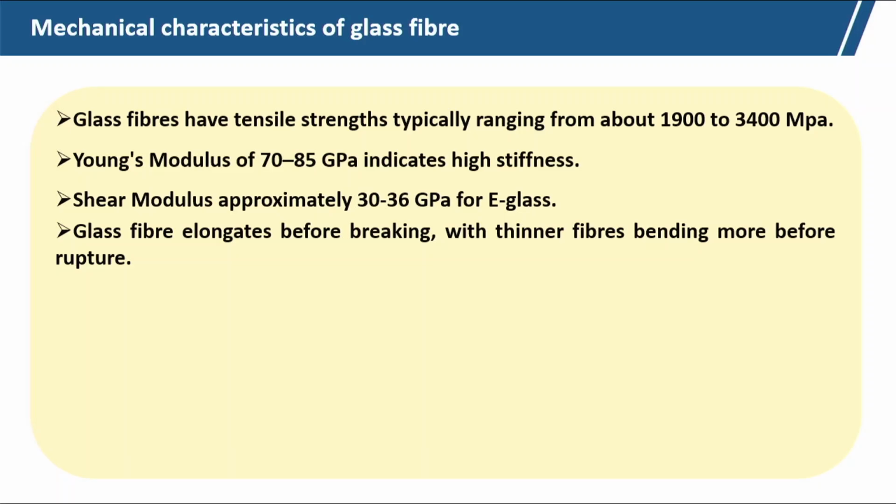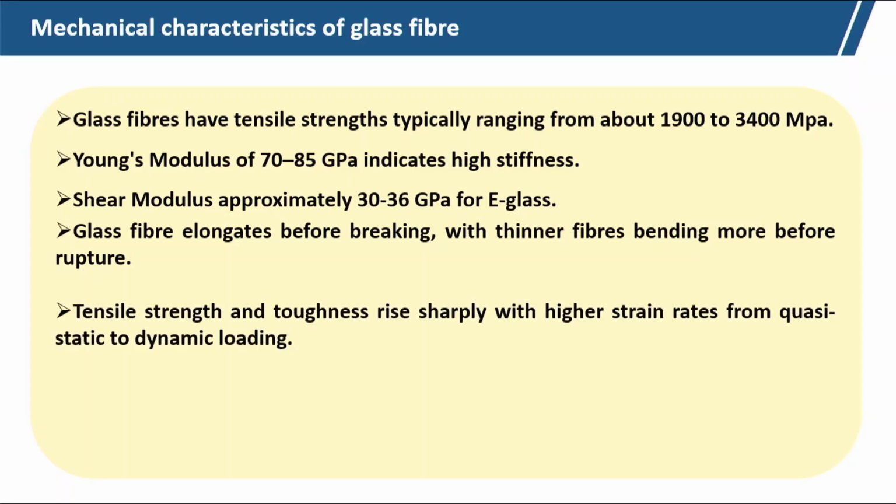Glass fiber elongates before breaking, with the thinner fibers bending more before a rupture. The tensile strength and toughness rise sharply with high strain rate from quasi static to dynamic loading.